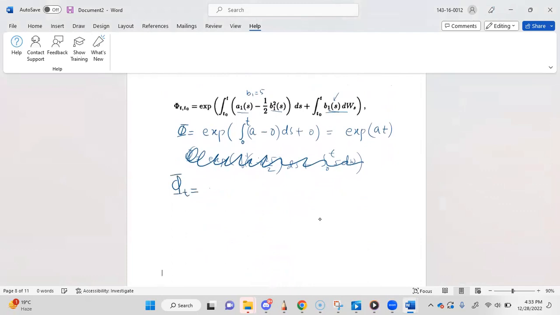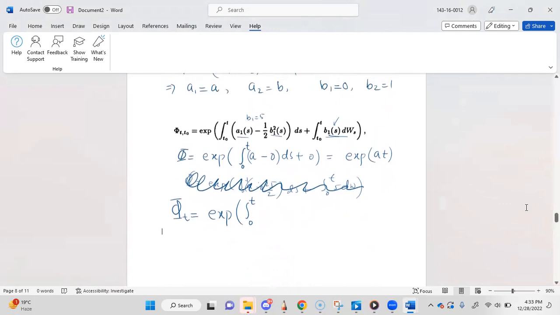So phi t is exponential of the integral from 0 to t. And then my a1, what was a1? a1 is a. Minus b1 is 0, ds plus the integral from 0 to t, it is again this b1 is 0.